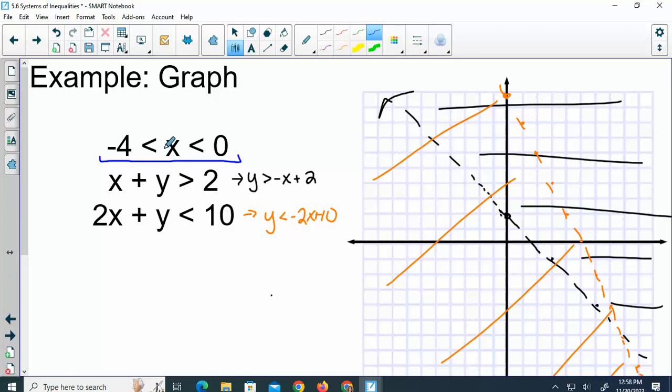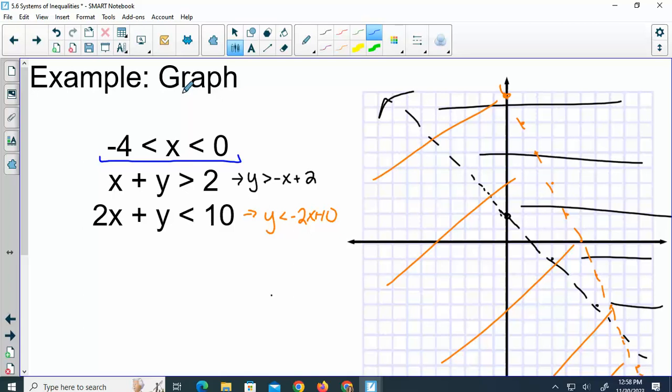Negative 4 is less than x is less than 0. What would I do with that? Is there like an open circle and then like a line? If we were doing like a number line, yes.